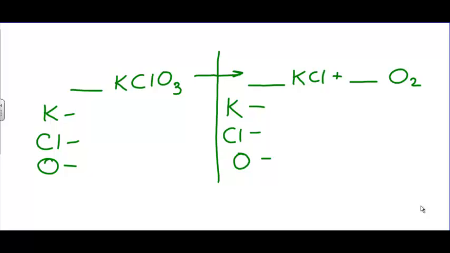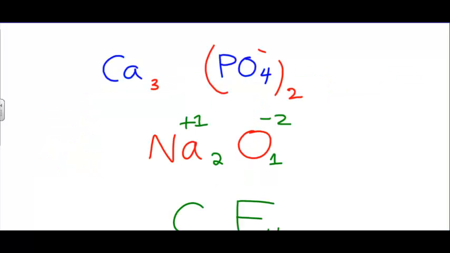Now you count. The total number of atoms is equal to the coefficient, which is the big number here, times the little number, which is the subscript. So how many K's are on the left? 1. And Cl's? 1. And O's? 3. Good. This 3 only goes for the O. It doesn't go for everybody. You'll know if it goes for everybody because it will be outside the parentheses.